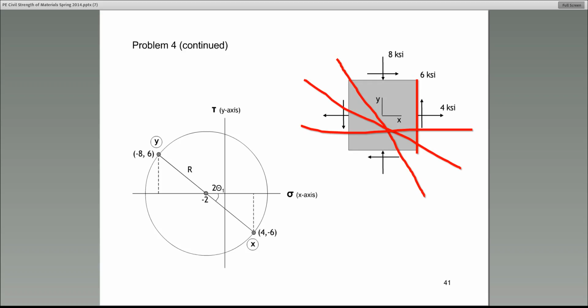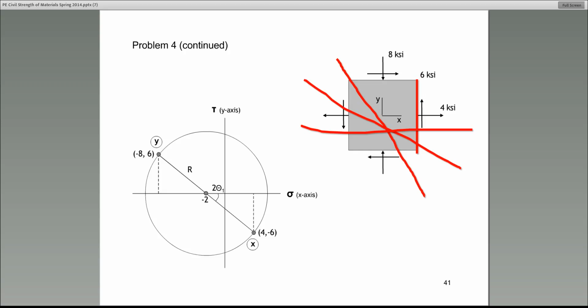So guys, critical thinking here. I want you to pay attention and tell me, on the circle, what point do you suspect the maximum and the minimum stress occur? In other words, what point or points on the circle will give you the highest value of x?